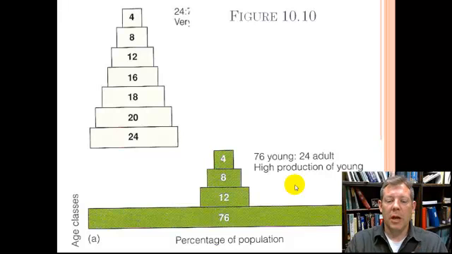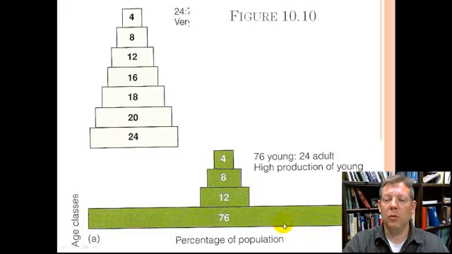For example, if you look at the pyramid here in the upper left, it is a very clear pyramid shape. You've got some fish dying or some organisms dying each year, and you've got relatively more younger fish than older fish. But if you look at the pyramid down here at the bottom, you see it's very different.